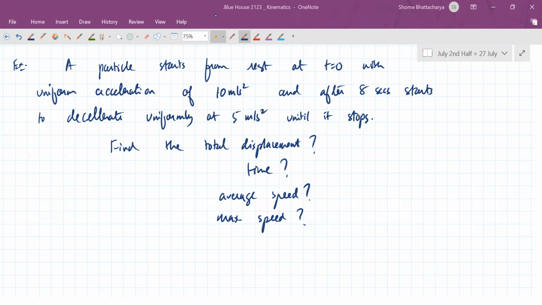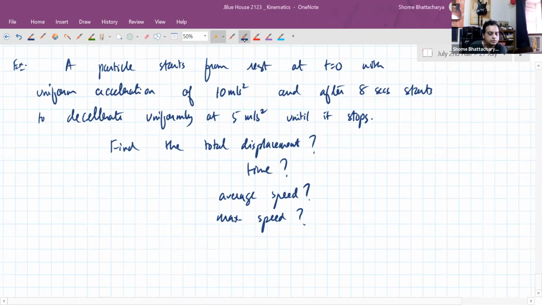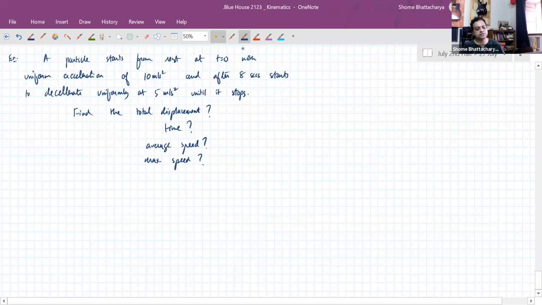Yeah, Vineet, your answers are correct. Anybody else might have worked out the question? There are a couple of ways we can do this. One is we can just go with a formula-based approach and divide the motion into two parts. Part one of the motion is from t equal to 0 till 8 seconds.